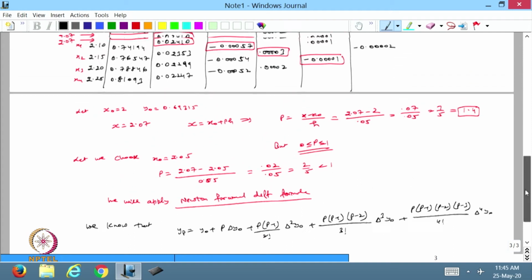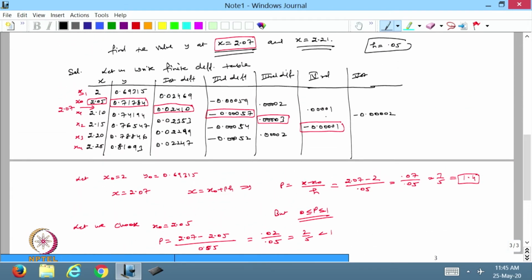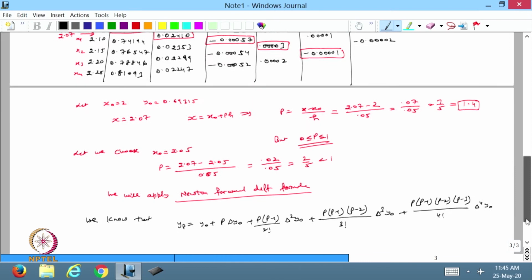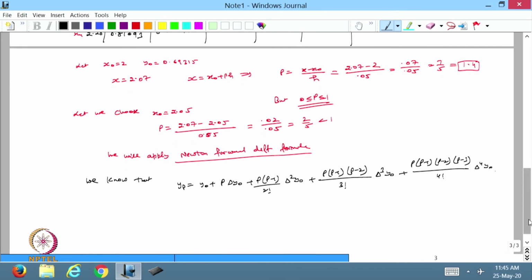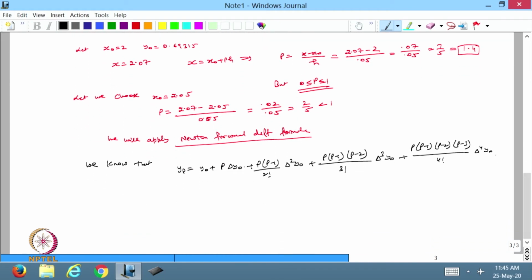So, I can go up to 4th only, the 4th difference. So, I will stop here. Now I will substitute the values. So, my p is 0.4. Now, from here the value yp means I want to find the value y at p is 0.4.